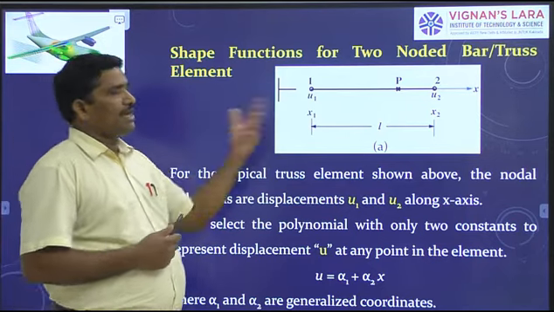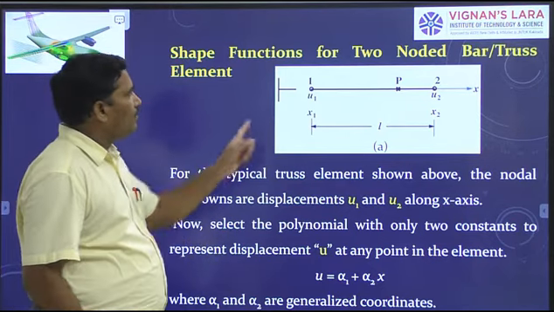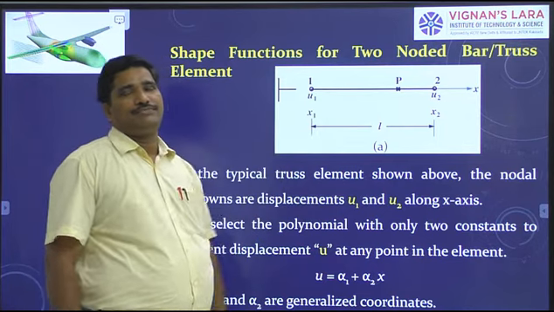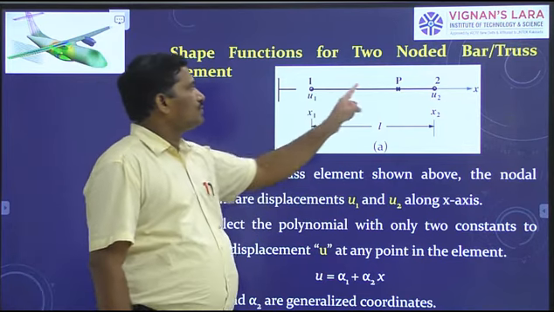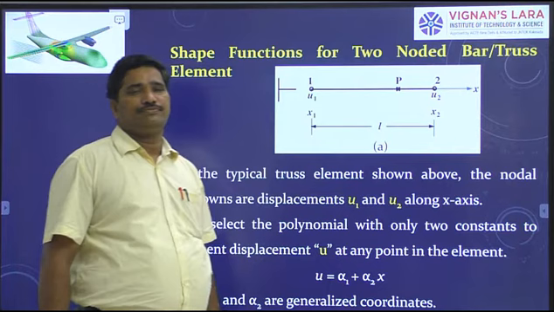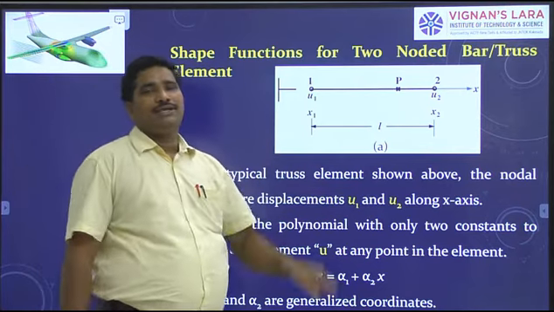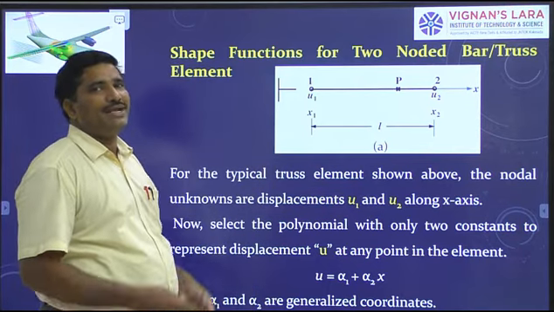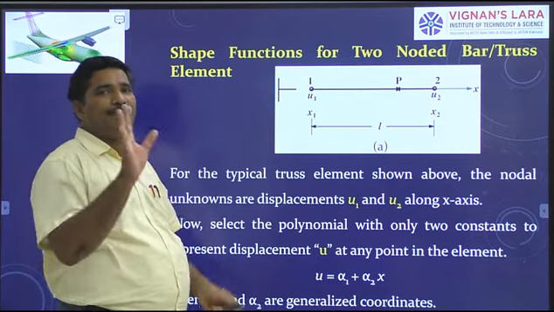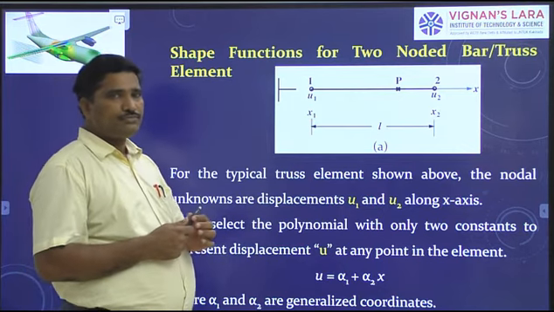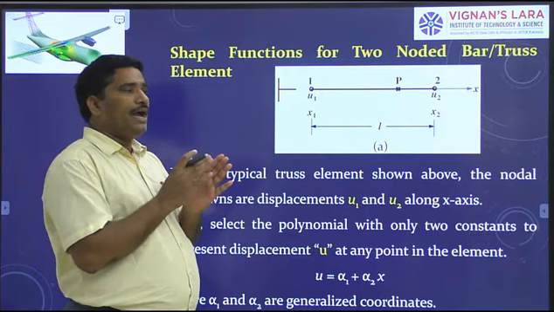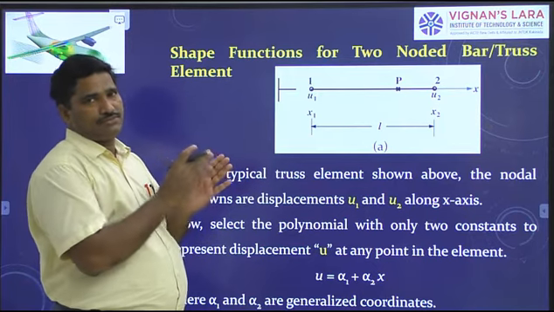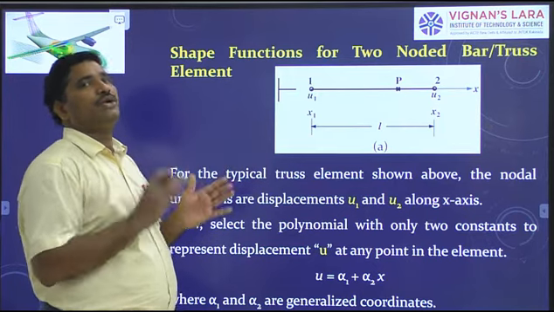Now visualize this diagram. We have a one-dimensional element which connects two nodes 1 and 2. This element is used for finite element modeling of one-dimensional problems. An example is the axially loaded bar.